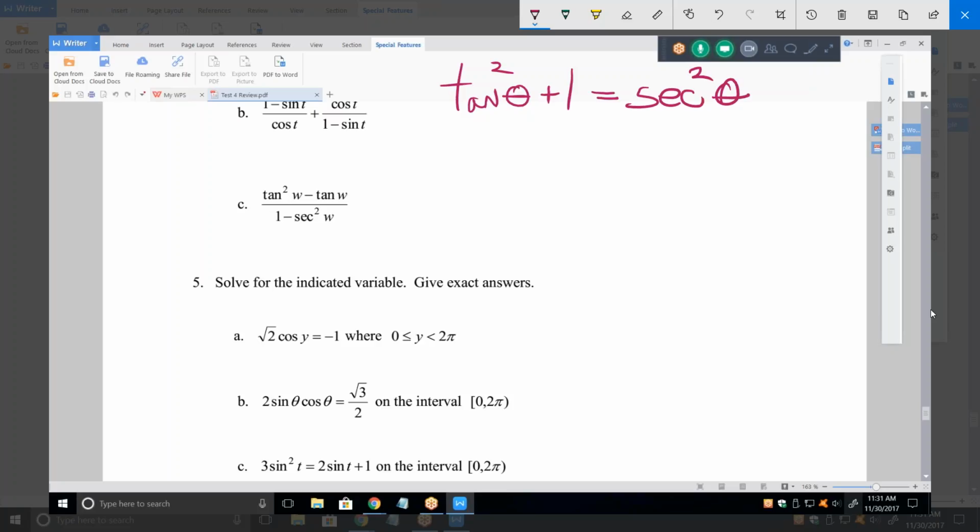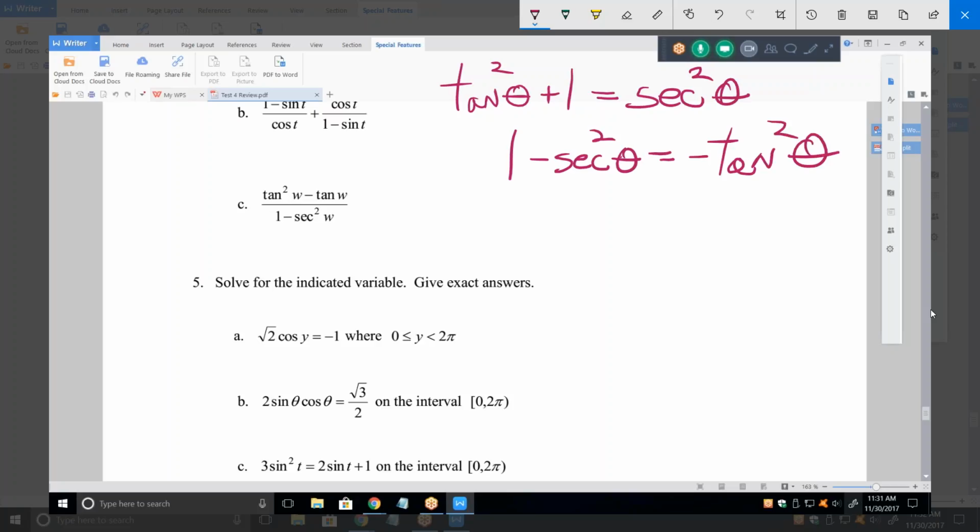Now, you can algebraically manipulate that to get 1 minus secant squared. What would it give you? What would 1 minus secant squared be? Tangent squared theta. Not tangent. I got to move the tangent squared to the right, so I got to change its sign.